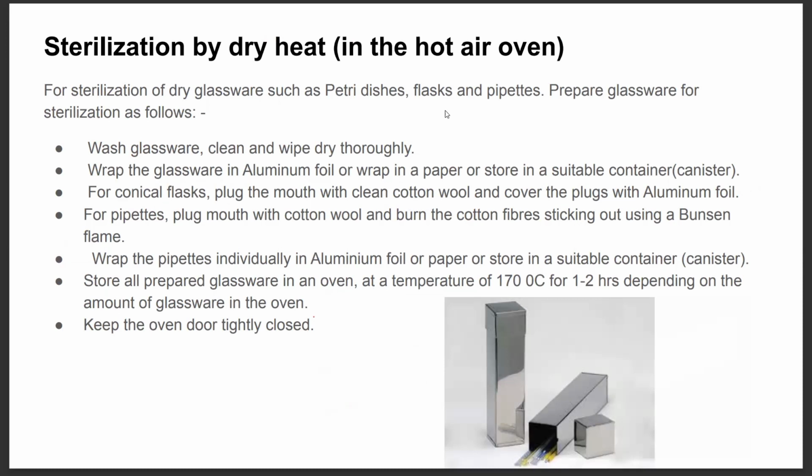Here we learn how to prepare the instruments for sterilization. When using a hot air oven, we have to keep this glassware inside the hot air oven, but before that we have to prepare them. We don't just put them inside; there is a way to prepare them.